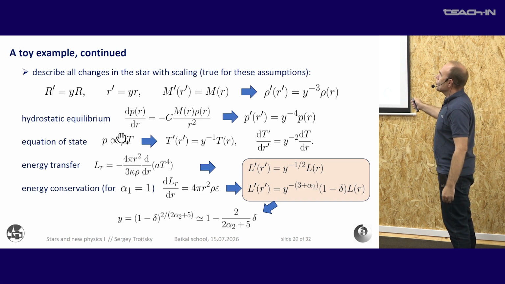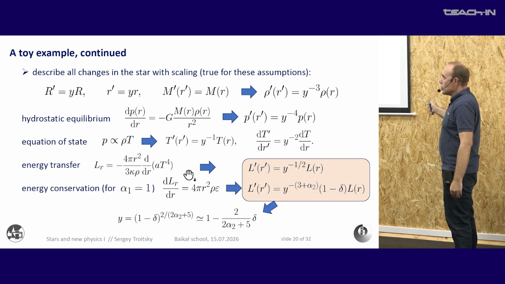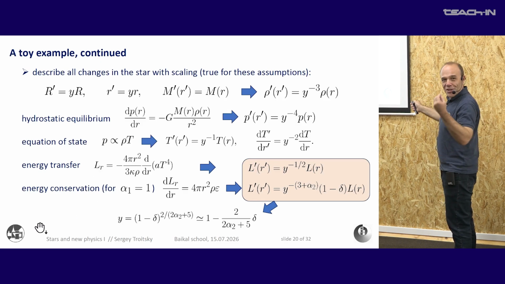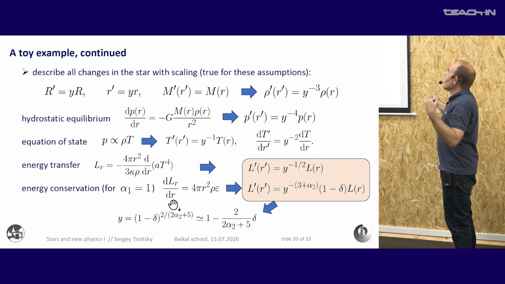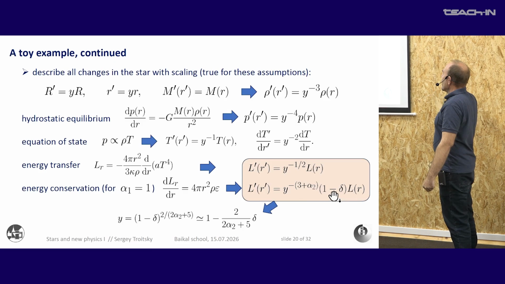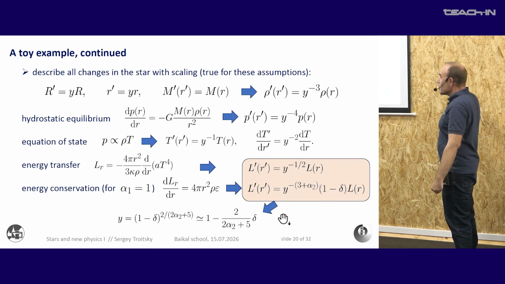I use the equation of state, very simple, to obtain the scaling for temperature. I use energy transfer and energy conservation, because it is a closed system. I can use both now to obtain the scaling of L, of the flux of energy. And of course, these coefficients should be equal. I equate one to another and obtain y.